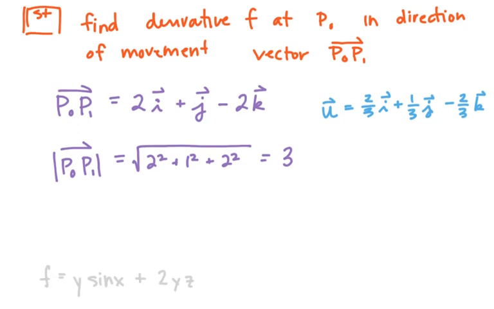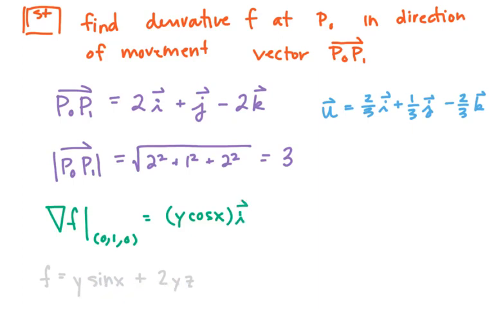As I go to find my gradient, and I brought my function down here, I'm going to find that gradient and I need to evaluate it at the initial point, (0, 1, 0). So I need the partial of this function with respect to x. That means y is a coefficient. This term will go to 0. Derivative of sine is cosine. So I have y times the cosine of x i.